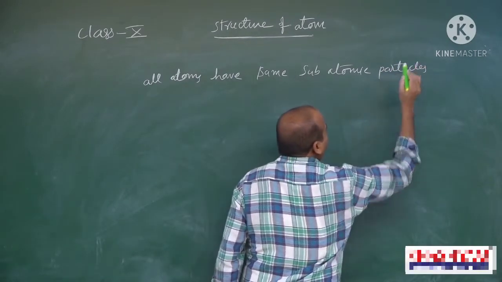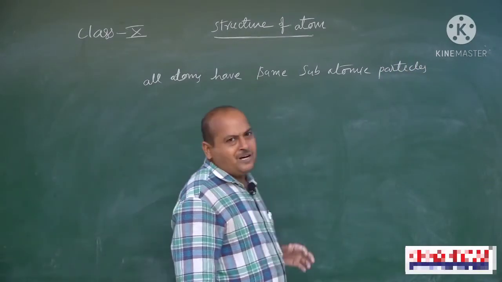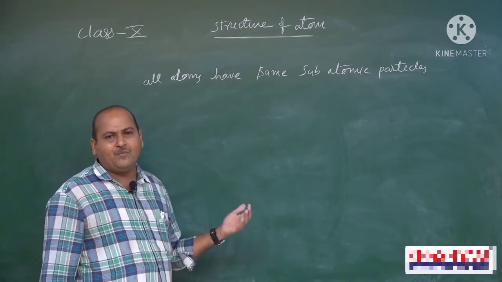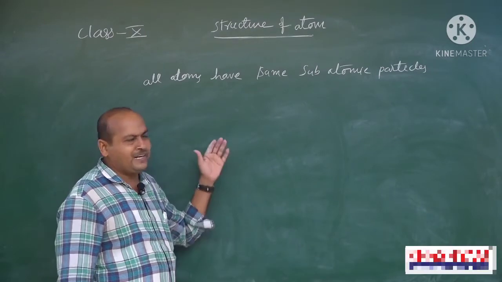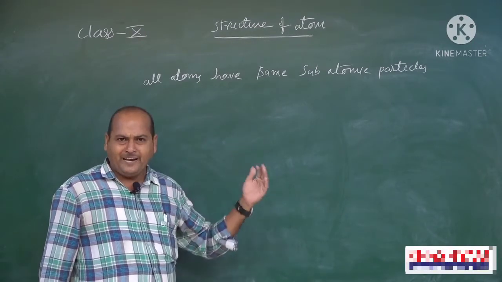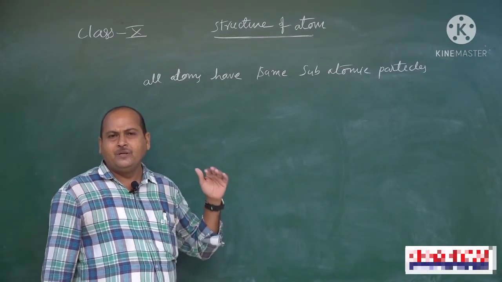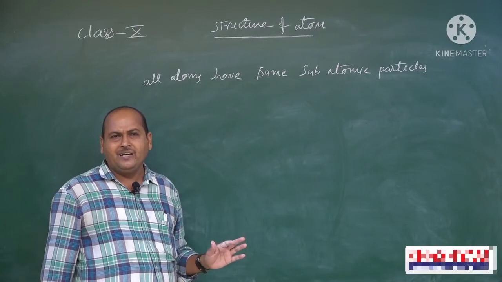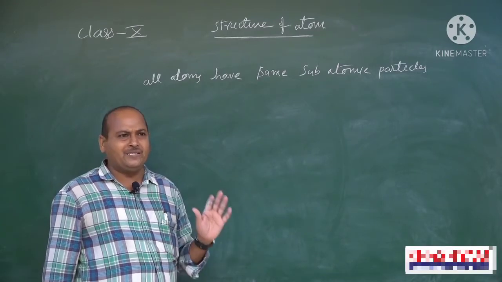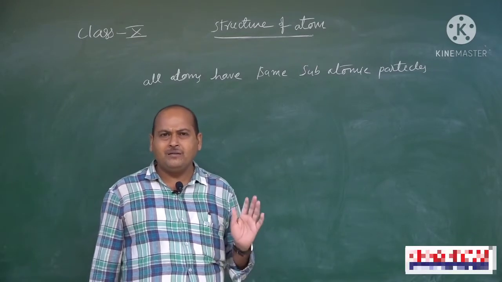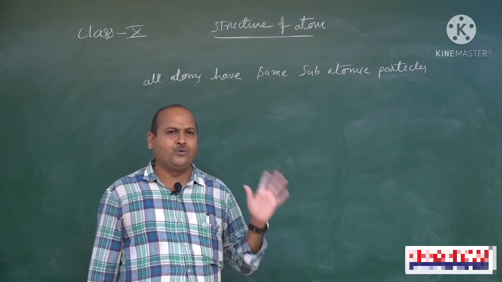The answer is yes, because every atom of an element consists of electrons, protons and neutrons. Whatever atom is taken, hydrogen, helium, lithium, beryllium, every atom consists of the main fundamental particles: electron, proton and neutron.